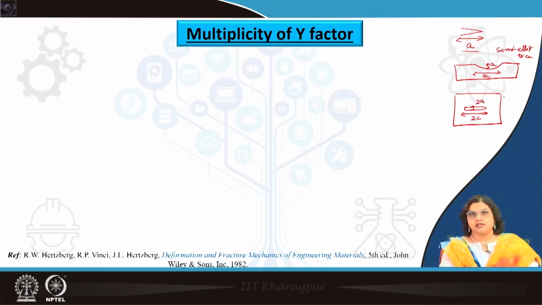So, in that case, along with the value of y being 1.12 or y being 1, considering that 2a by W is sufficiently small, we also have to consider another parameter which is another type of y. So, we also have to consider y2. This parameter is related to the shape of the crack, and in this case being elliptical. So, this is related to 1 by root over q, where q is the flaw shape parameter.